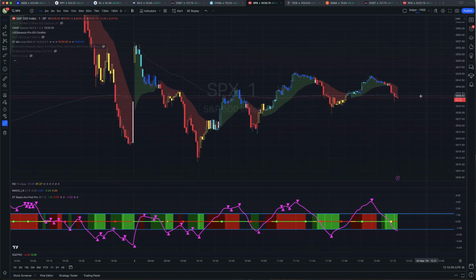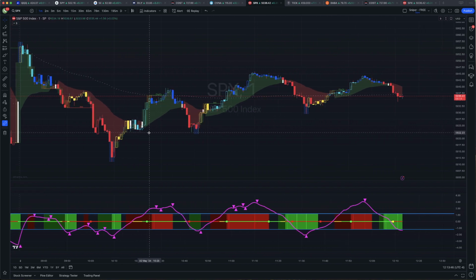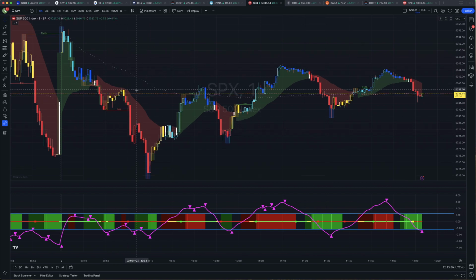Okay. And I've kept the ES candles, and then I'm also using a market structure indicator as well. Those are the two indicators that I've added to this. They're both free on TradingView.